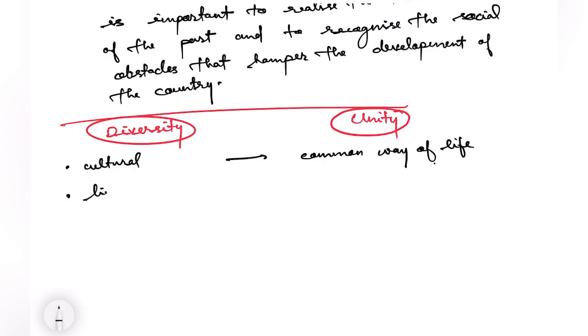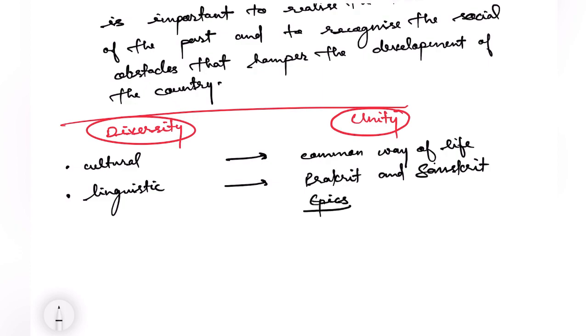Linguistic diversity: languages spoken were different, but people were following and reading the same text in different languages, and each language had the influence of the others in some way, and words of each language can be found in other languages. So there was a linguistic unity in that sense.